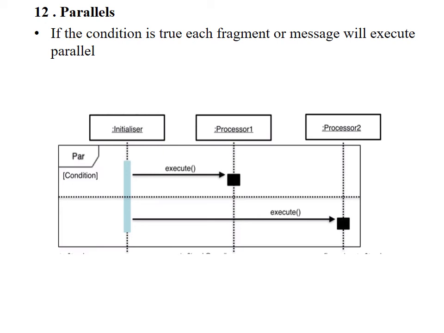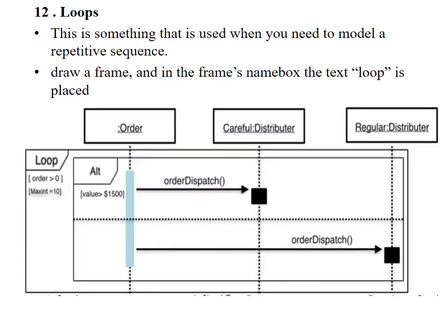This is called parallel. Then what is a loop, which is meant to represent a loop statement in a sequence diagram? We use this symbol. Here also we use a frame. The left corner of the frame will be given the name loop. So this frame represents a looping structure.